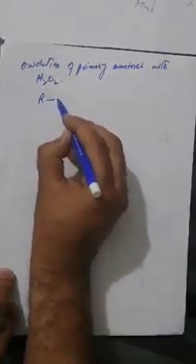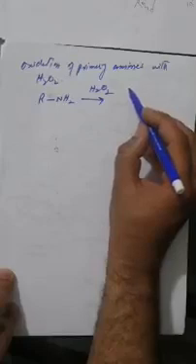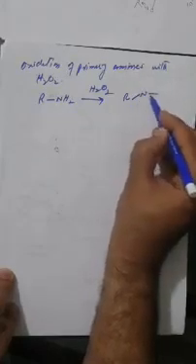So when primary amines react with hydrogen peroxide, the product is oximes. So here we have a CH, NOH.